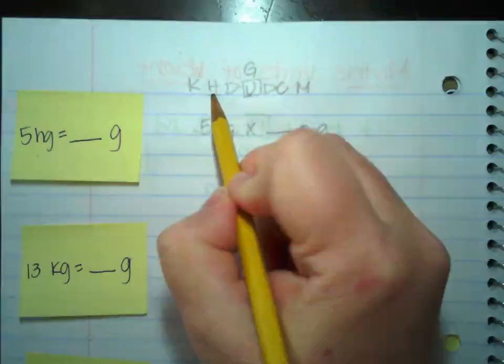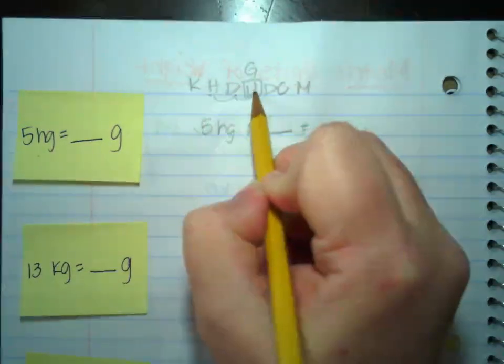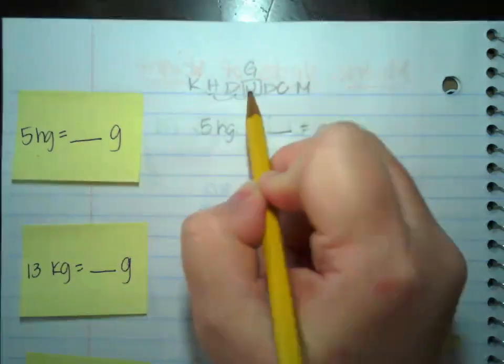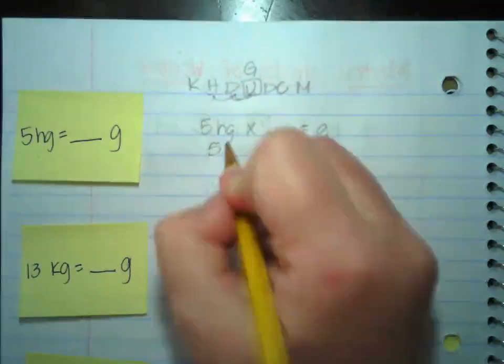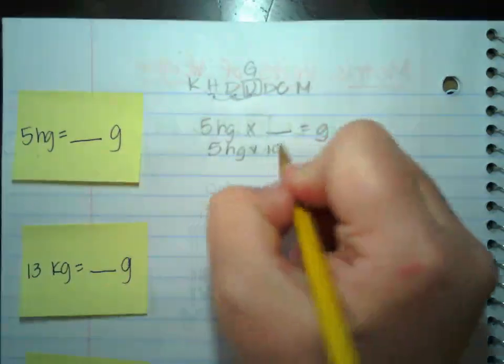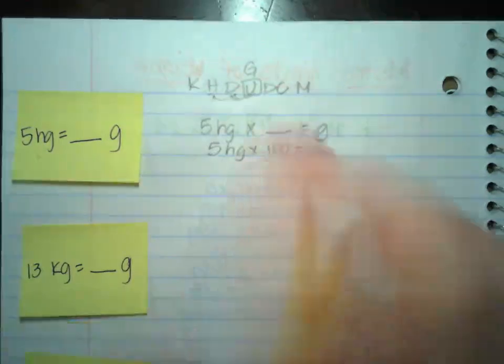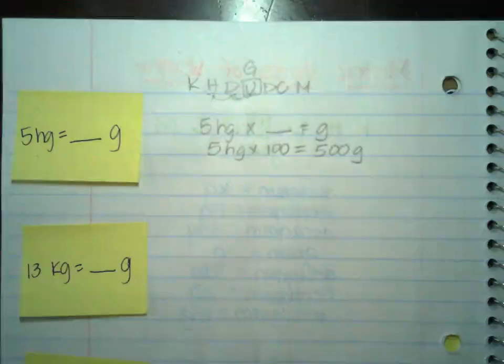Well, when I move on my scale, on my acronym, I'm going to move 1, 2, because I'm moving from hectograms to grams. Grams is my unit. So that's times 10 times 100. So 5 hectograms times 100 equals, well, I know from my powers of 10, 5 times 100 is 500 grams.